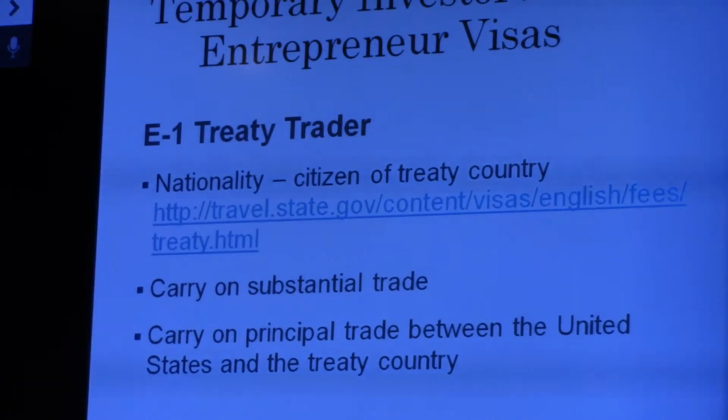As you might see in the slide, there is a link to the Department of State website where you can check if your country is in the list of the treaty nations that qualify for E1 treaty trader visas. If the country is not there, you might not be able to qualify. However, if you have a dual citizenship or you are a citizen of another country that might be on the list, then you might be able to obtain the E1 treaty trader visa.